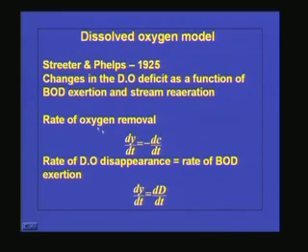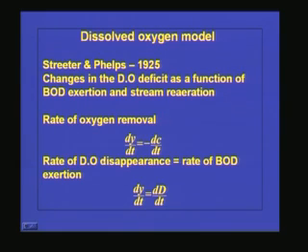We saw last class that the rate of oxygen removal, dy by dt, is proportional to the concentration of organic matter present in the system. As the oxygen consumption increases, the concentration of the pollutant decreases with respect to time. That is why this negative sign is coming.